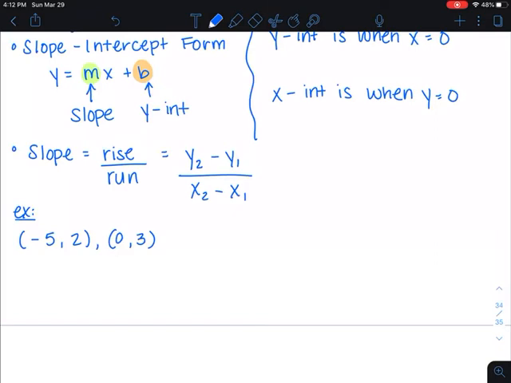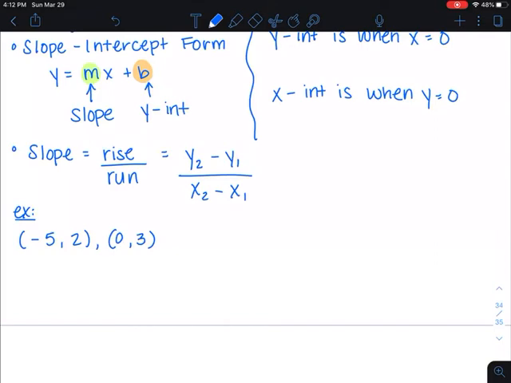Okay, so we have -5, 2, and 0, 3. All of these will give you some sort of intercept as it is when they give you the points.